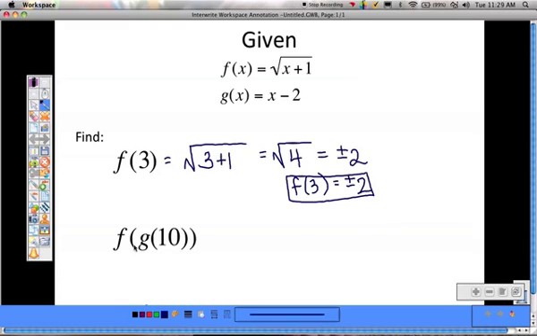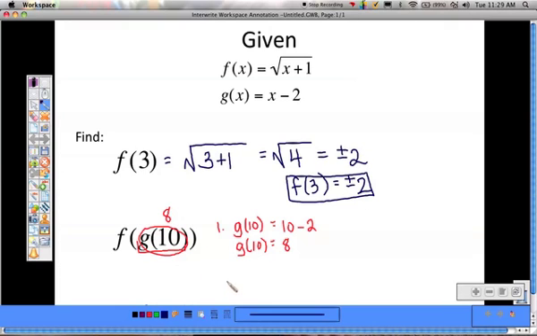Okay, but what happens if you see this composition of functions? Use order of operations. So the first step is we would do g of 10. That's telling us to plug 10 into the g equation for x. So we get 10 minus 2. We have g of 10 equals 8. Now we're going to take that answer, g of 10 equals 8, and replace this whole thing with an 8.